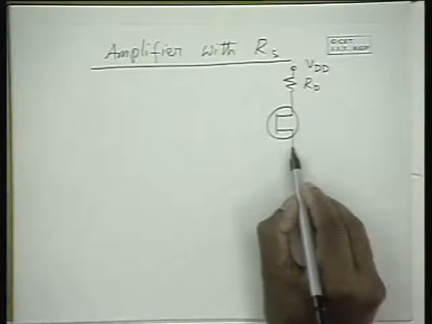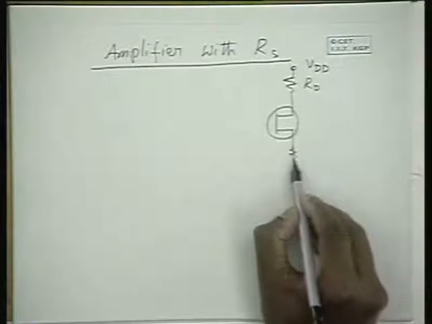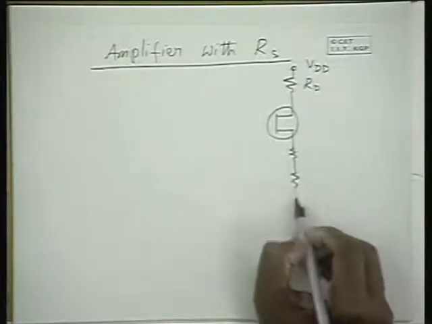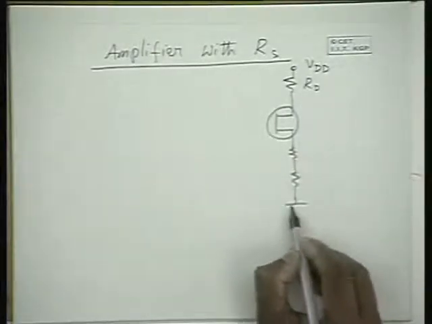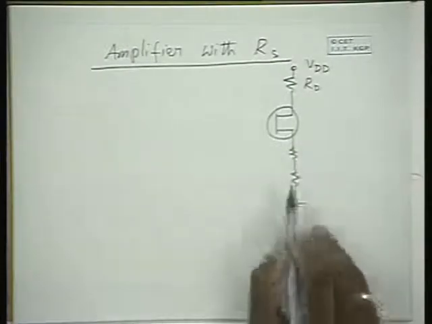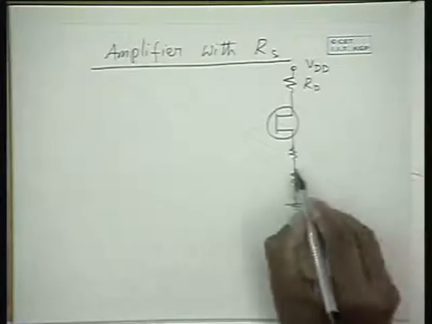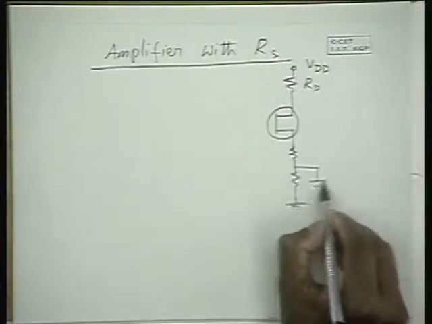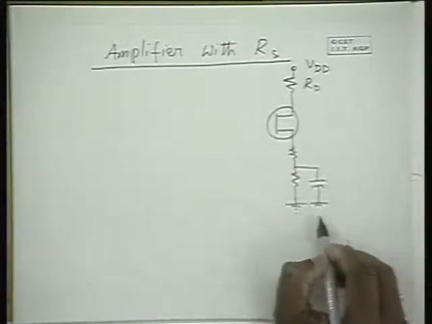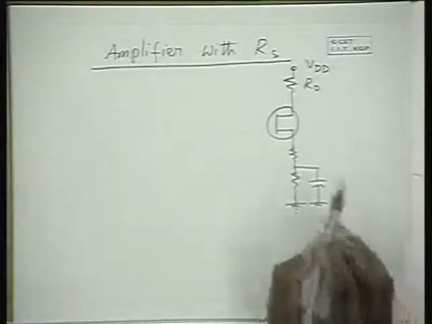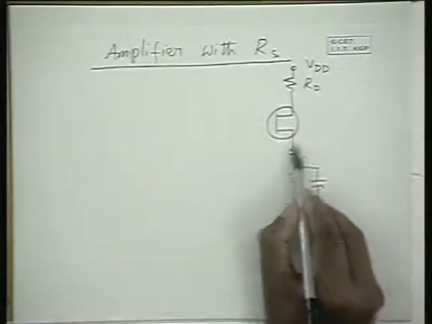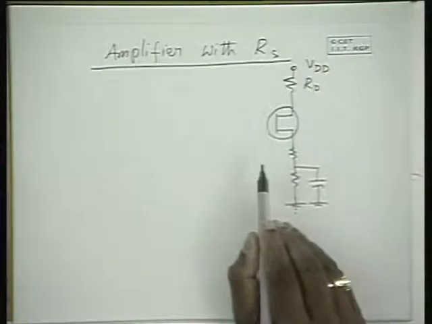Please note that there are different ways of doing it. Sometimes for biasing purposes you use two resistances. When you want a large resistance as a source resistance, you use two resistances and you bypass part of it, and use a small resistance for feedback purposes.